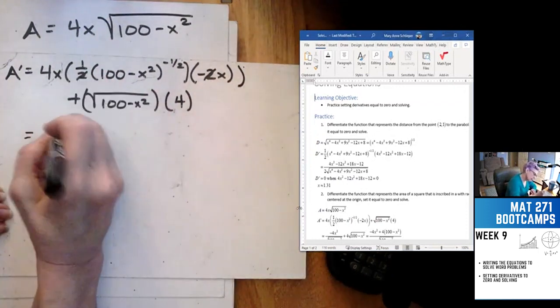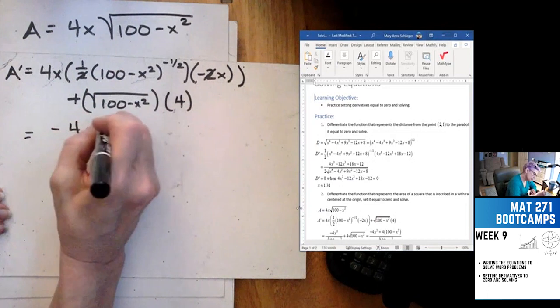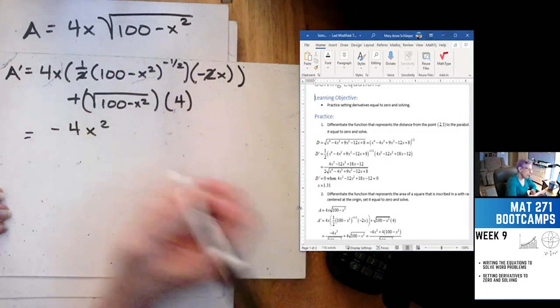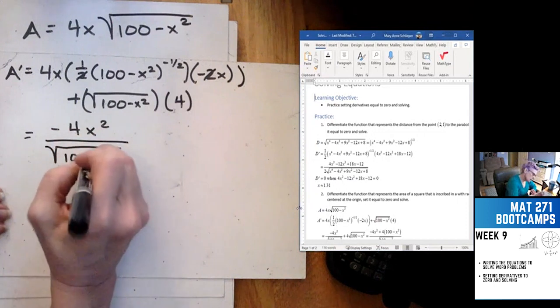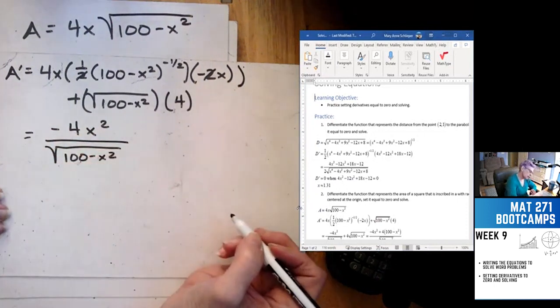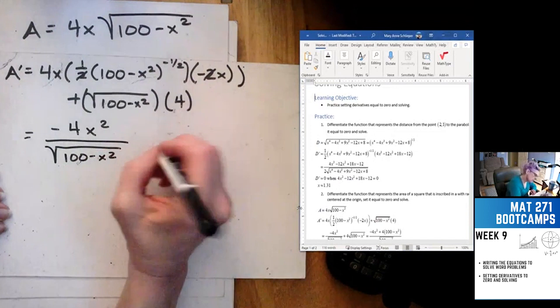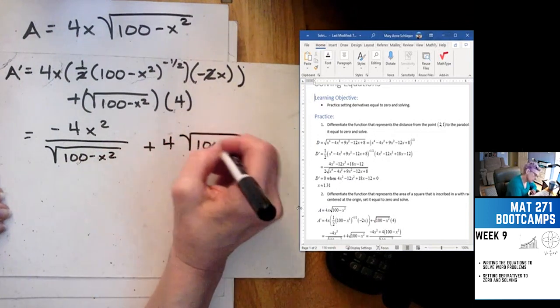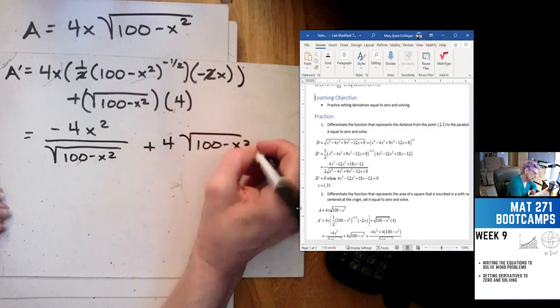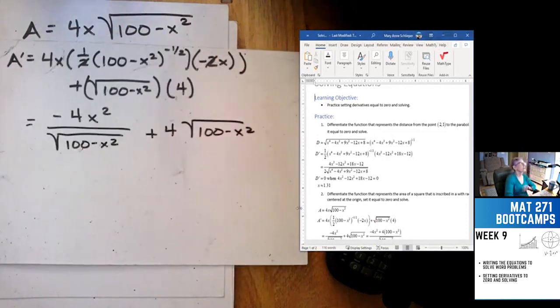I'm left with a minus 4x squared sitting on top of the fraction bar, and then a 100 minus x squared on the bottom of the fraction bar, plus 4 times the square root of 100 minus x squared. So I think I made it through all of that.